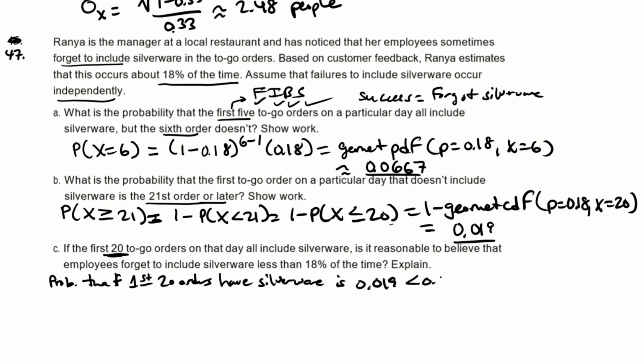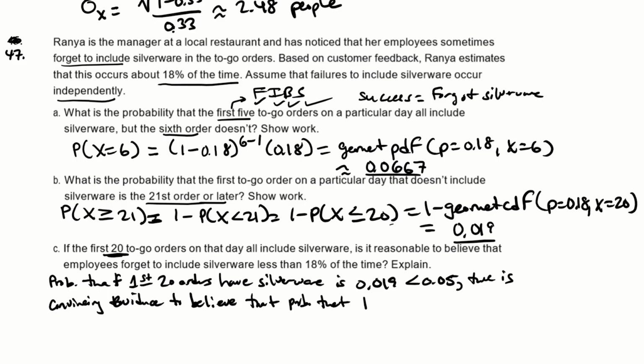And so that means that there's enough evidence, there is convincing evidence to believe that the probability that they don't include silverware is less than 0.18.